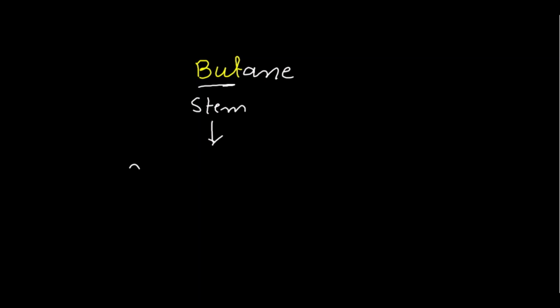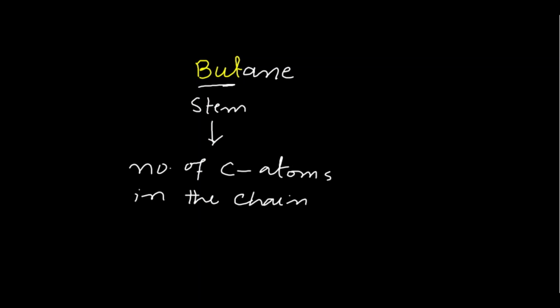It indicates the number of carbon atoms in the main chain. Right, students? And the second part is ane. Ane is the suffix. What type of information is obtained from suffix, students? Suffix shows it belongs to alkane family.